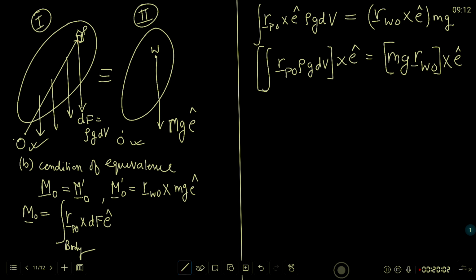Also, since g is a constant, I'm going to pull that out, or we can just simply cancel g in this way, and then replace rho dV by dm, which is the mass of this small piece of the RB material.